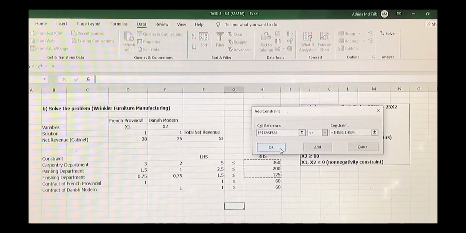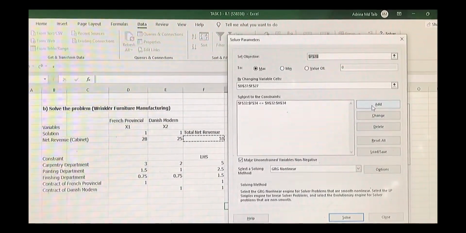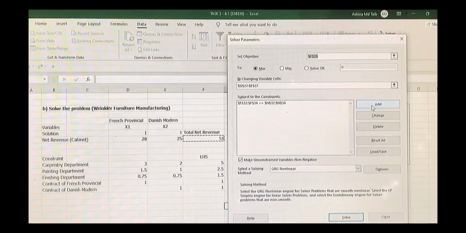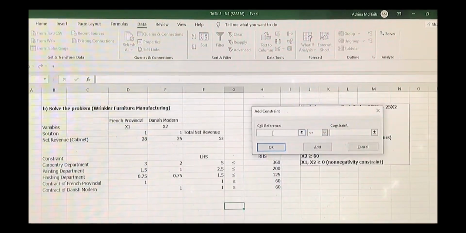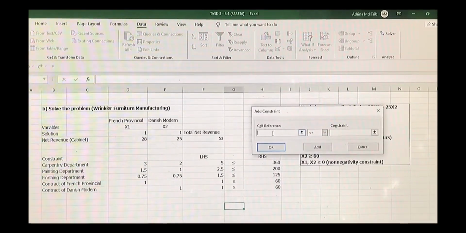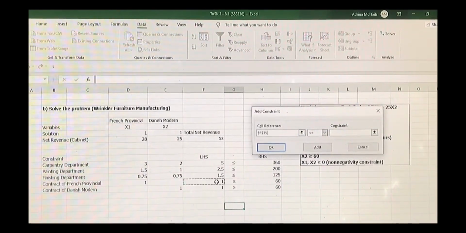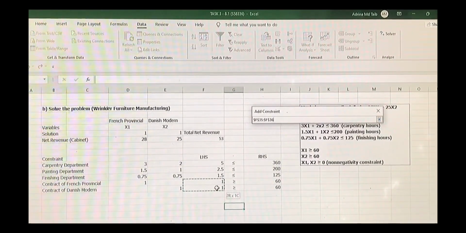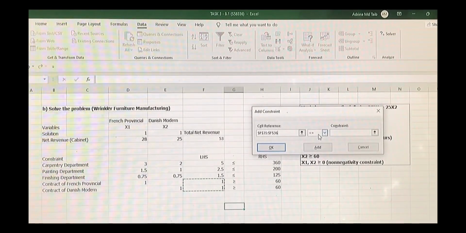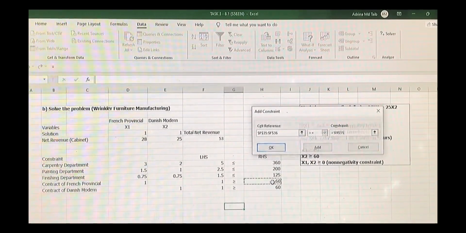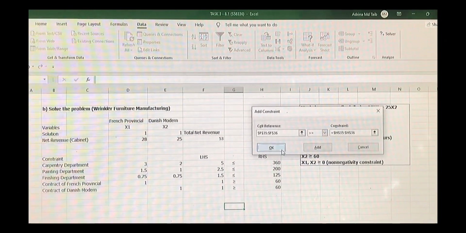So I click OK. After that I add another sign for constraints 4 and 5. I take the LHS value for constraints 4 and 5, choose greater than or equal, and for the constraint I take the right hand side value and click OK.